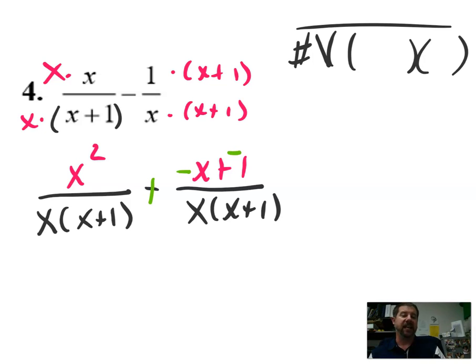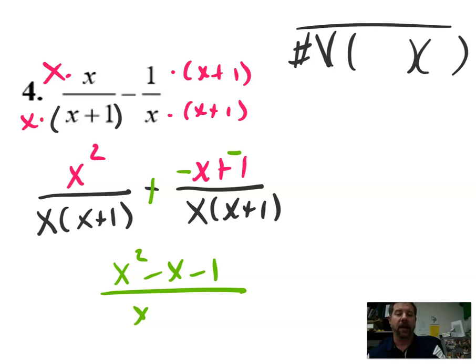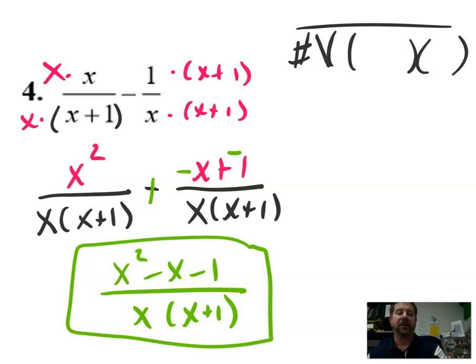I think that is the safest bet when you're subtracting. And then we get x squared minus x minus 1 over x times x plus 1. Try to factor. In this case, you cannot, but think about it. That's an easy trinomial. Therefore, because you cannot factor, that is my answer. And we're there.